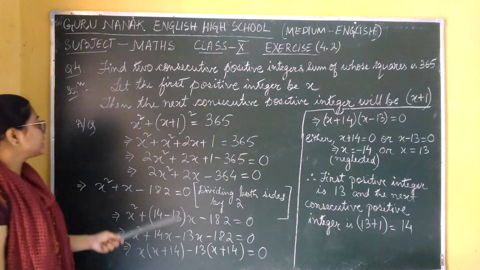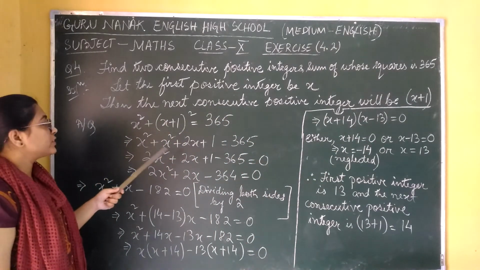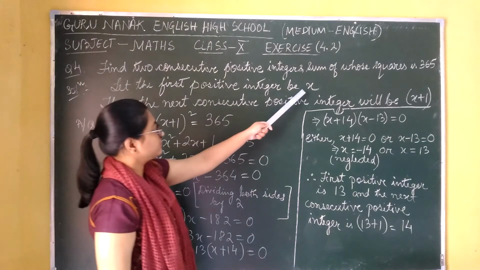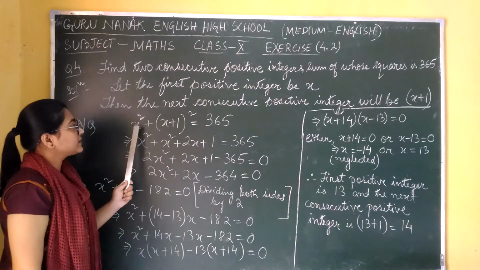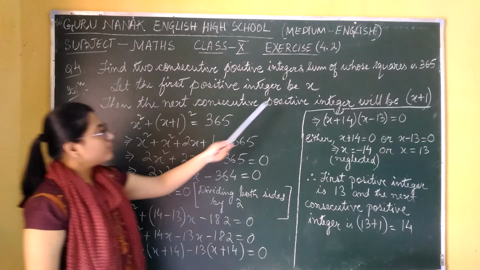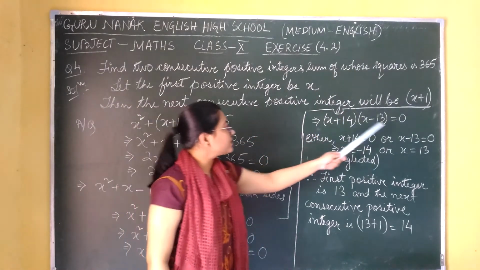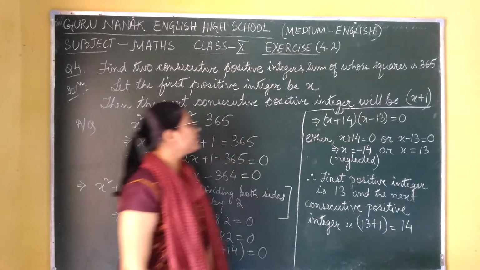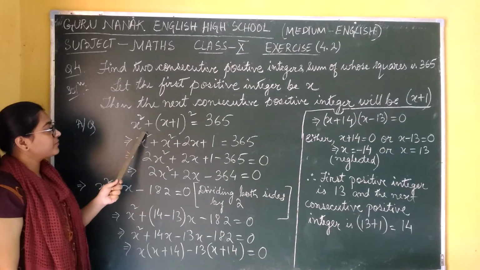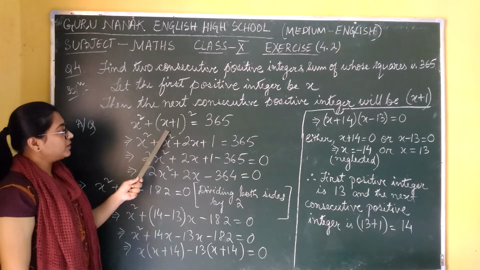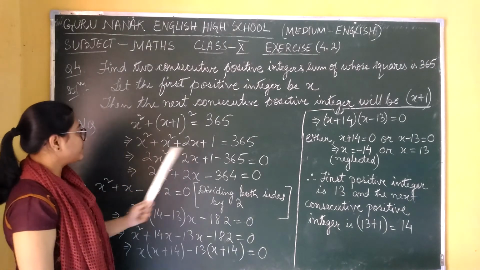Now in the question it is given that sum of whose squares is 365. That means square of this plus square of this is equal to 365. So we have written x square plus x plus 1 whole square equals 365.